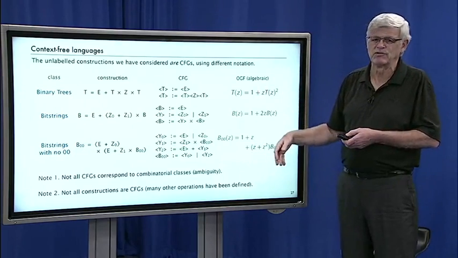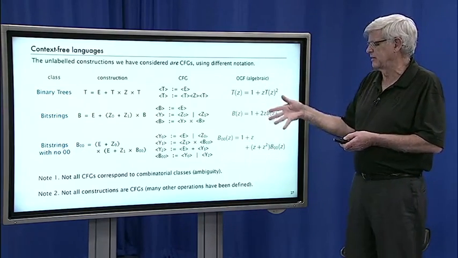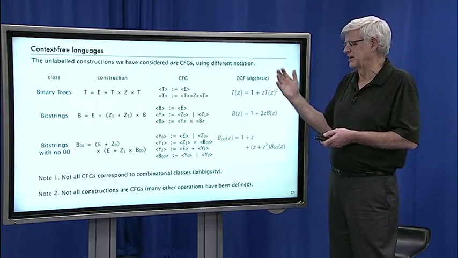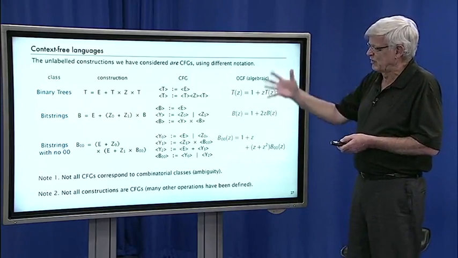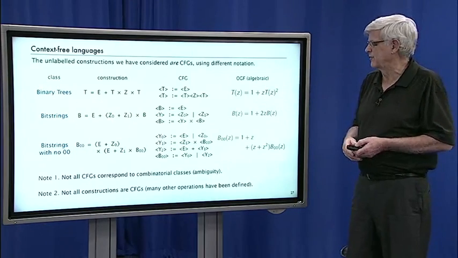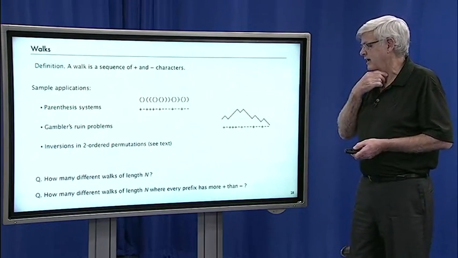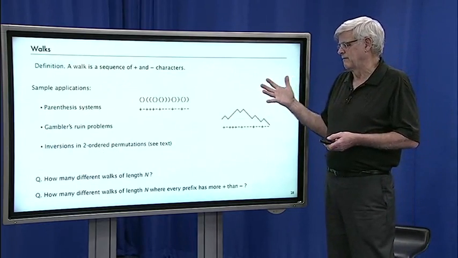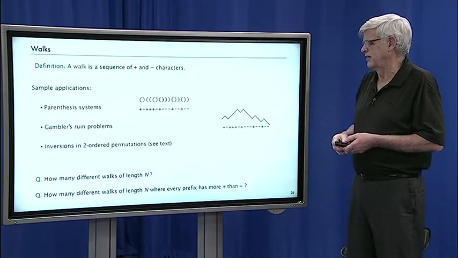There are many other operations that make the combinatorial classes that we're talking about different from context-free grammars typically. But still, there are lots of cases where it's the same thing. In those cases, it's worthwhile to be aware of that.